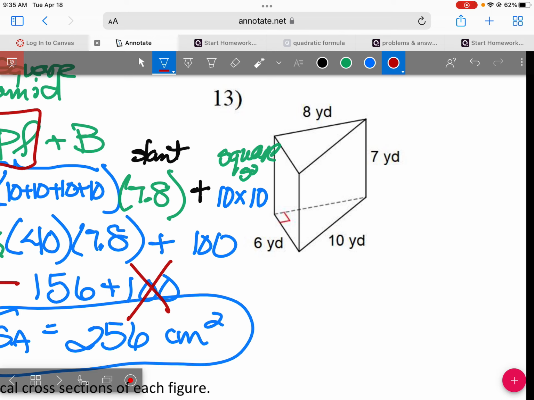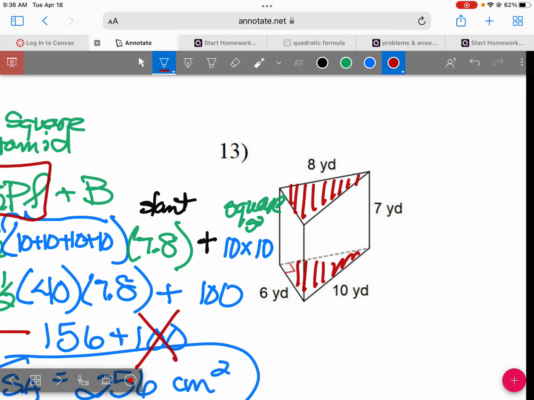Does it look like a soup can? No. So it's either a prism or a pyramid. Pyramid, does it come to one point somewhere? Like a single point? No. It has two bases. So this is a prism. Here's one base, here's the other base. And we name it by the shape of its base. So this is a triangular prism.